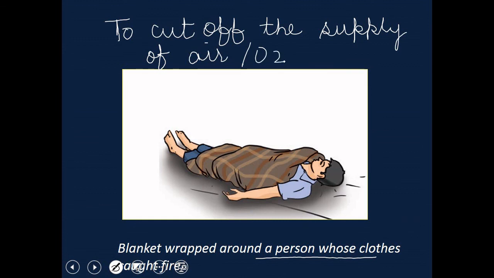The blanket is wrapped around a person whose clothes caught fire. So this observation also explains that the supporter of combustion is very much required for the process of burning.